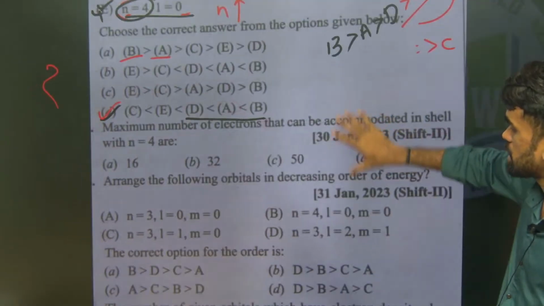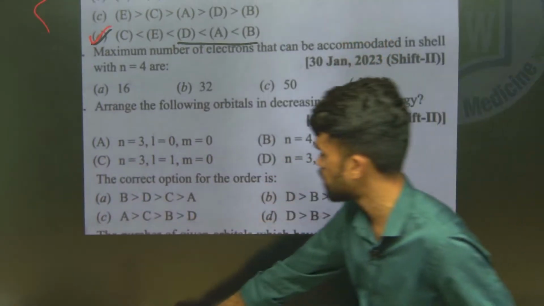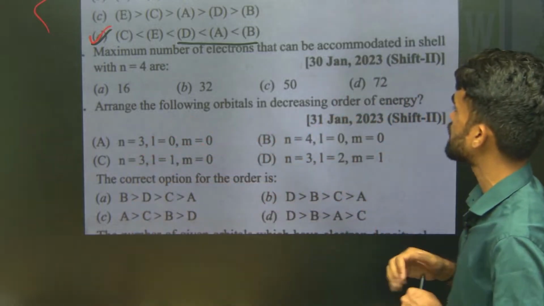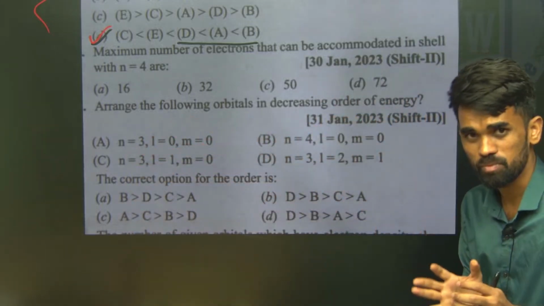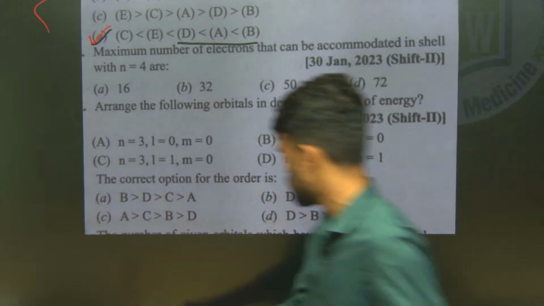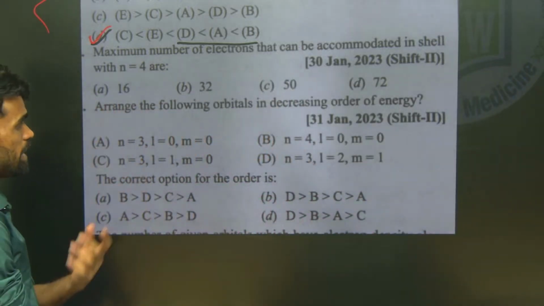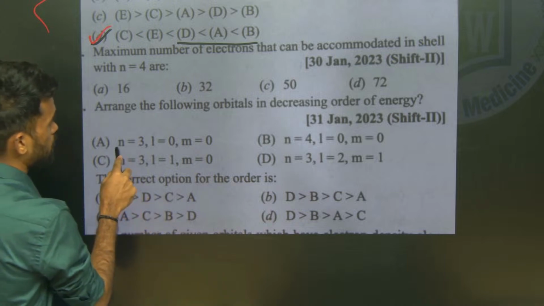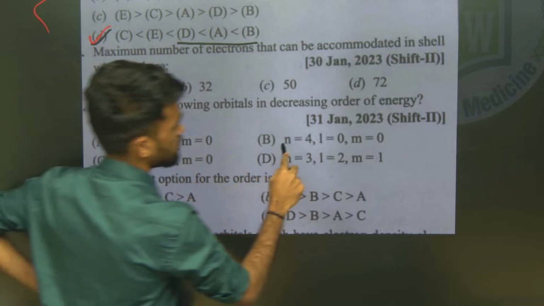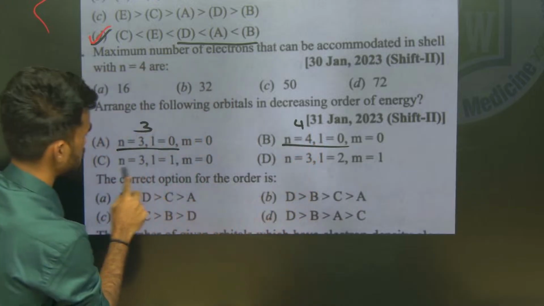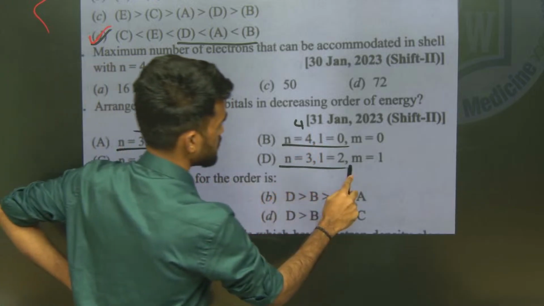Next question here we have, arrange the following orbitals in the decreasing order of energy. Just follow the same trend that we discussed in the last question. Just take the n plus l values. The n plus l value is 3 here, in this case it is 4, in this case it is also 4, in this case it is 5.